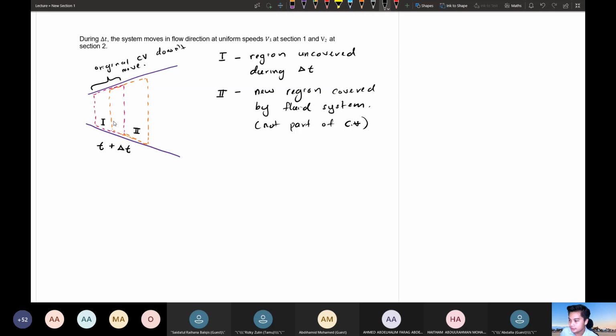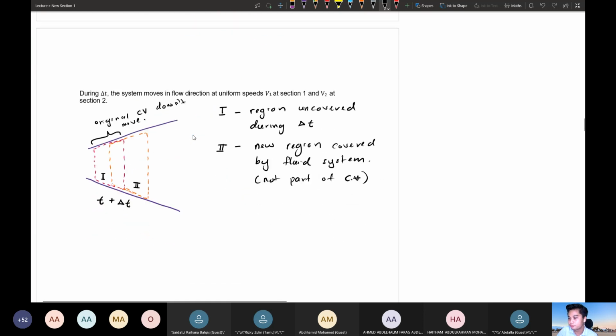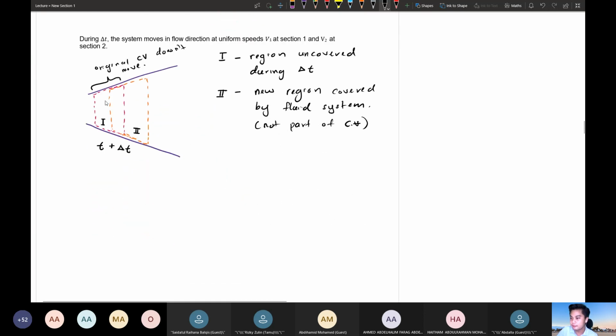Okay, the whole thing is the system, but we consider the control volume in this region, the initial point. You see here. Alright, can you see the fluid system coincide with the control volume? Okay, after a few seconds, for example, as the delta t, the fluid of the system moves from region 1 into region 2.